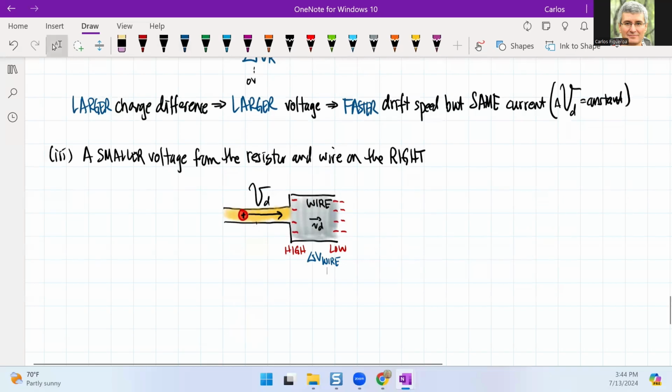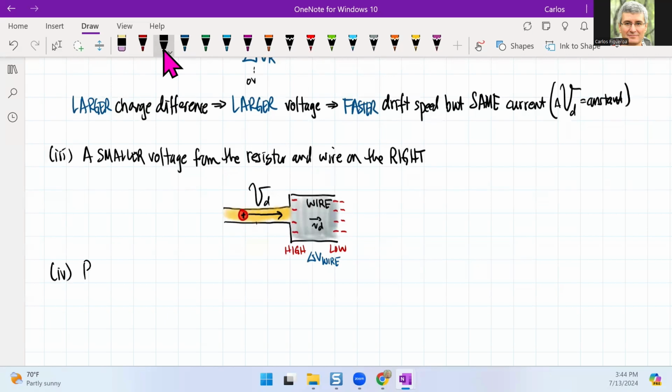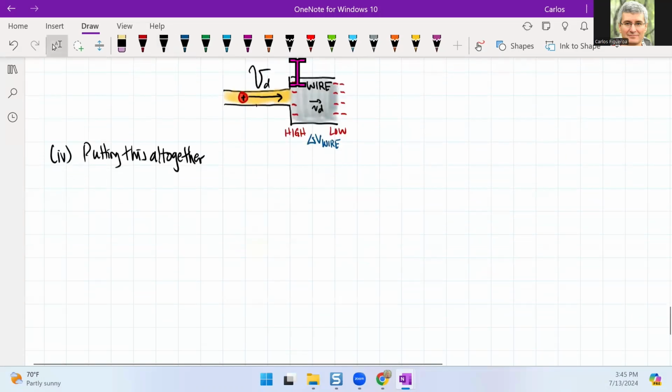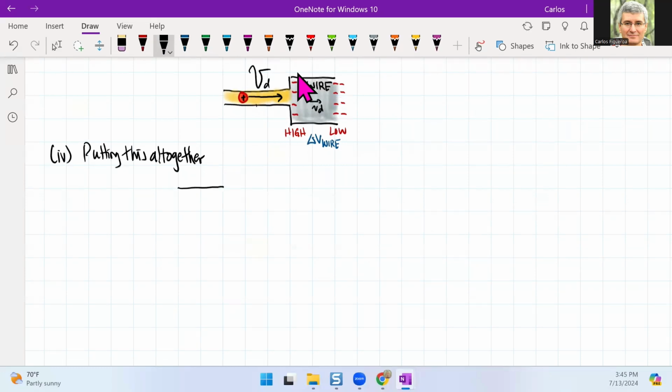So now we can put this all together. And this is where Ohm's law becomes very powerful. So now, putting this all together, and it looks like this. I have a wire that has a restriction.